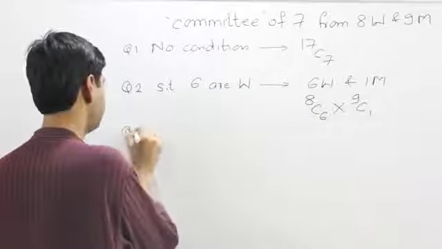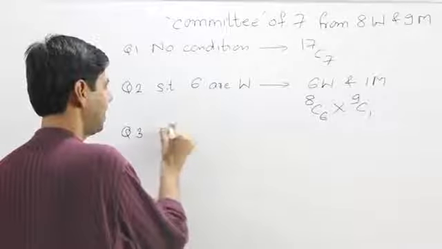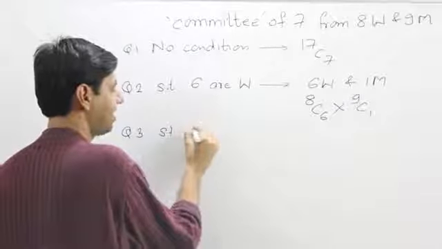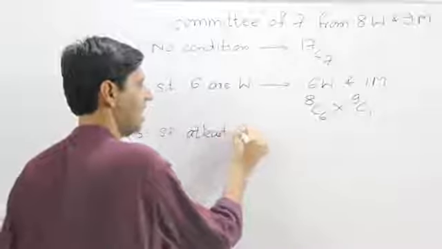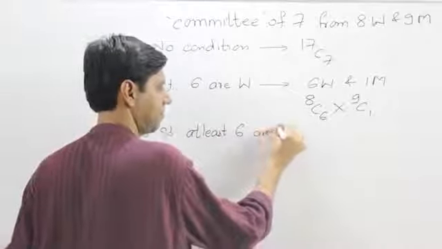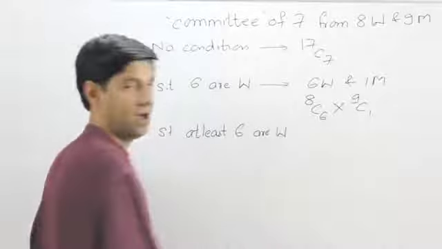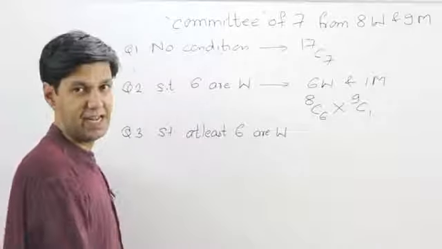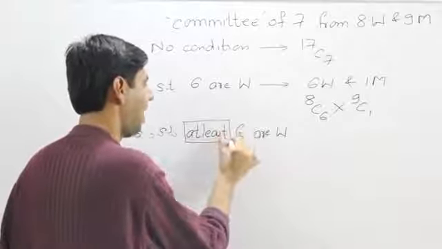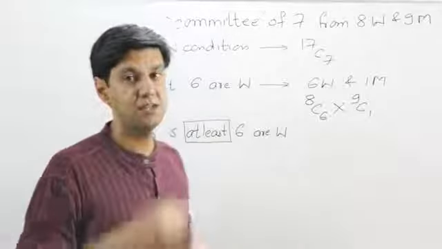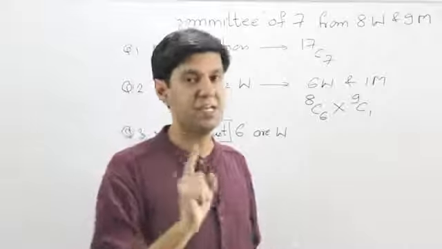The third question, let's say such that at least 6 are women. The difference between the second and the third question is this word here, at least. And there are quite a few questions, and this word at least should immediately catch your attention.